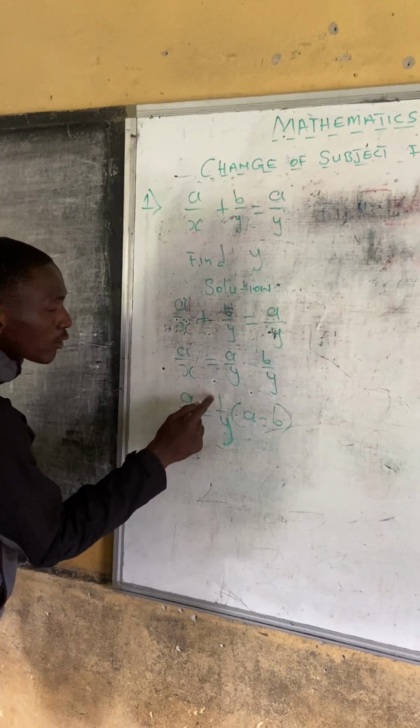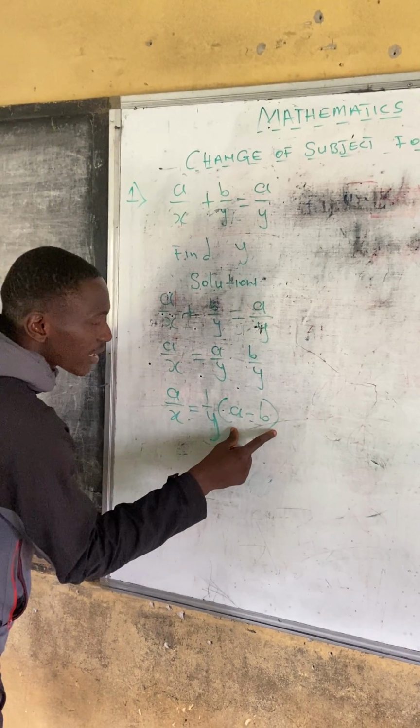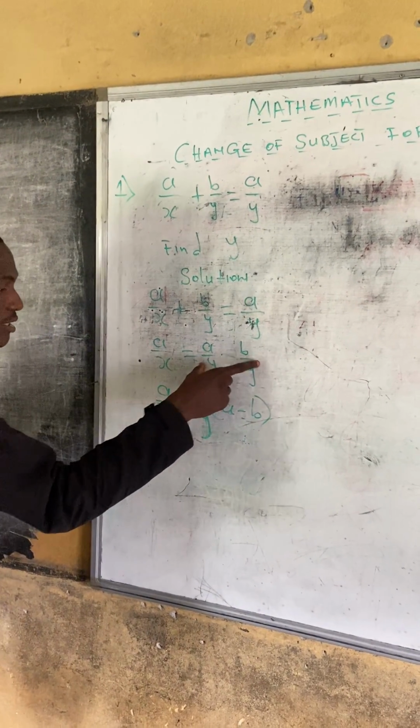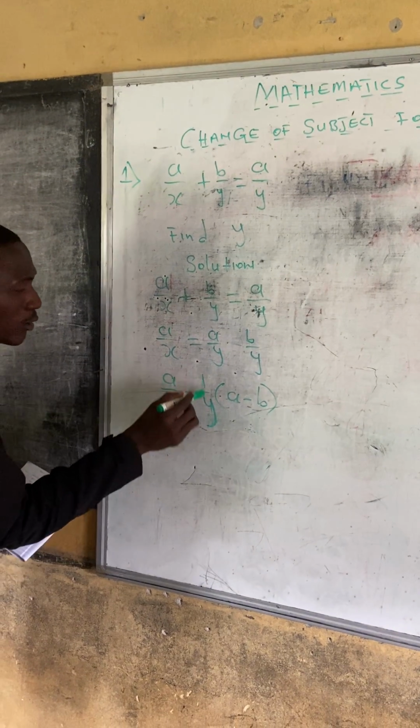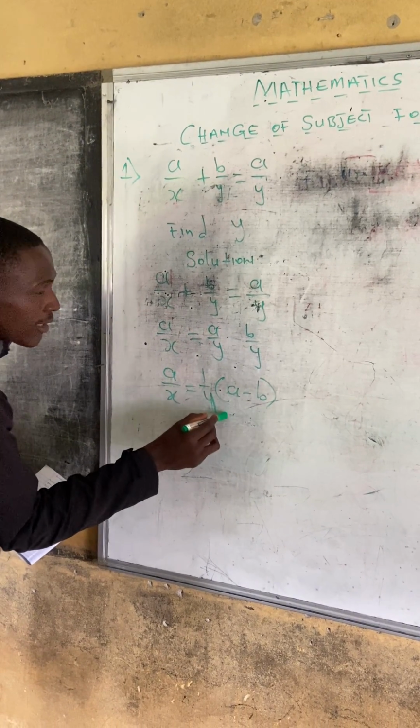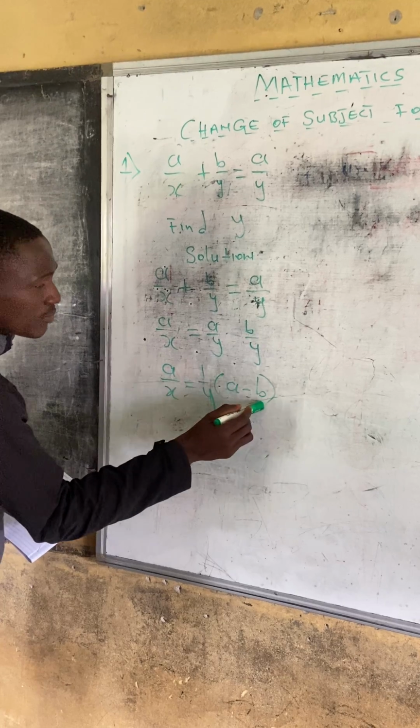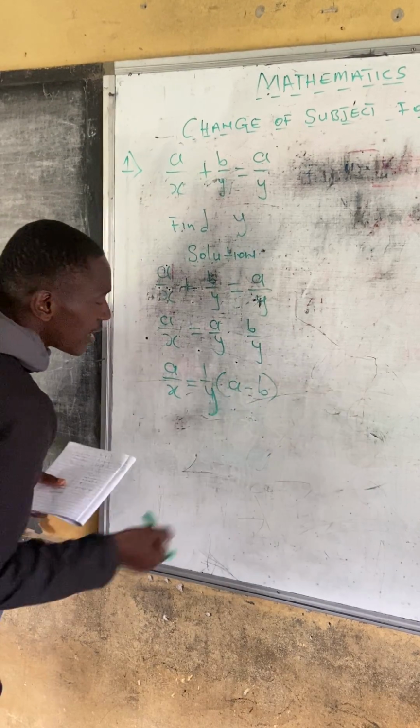Now, if you use 1 all over y to multiply out this bracket, you are going to get back to this. That is, 1 all over y times a will give us a over y, then 1 all over y times b will give us b over y.